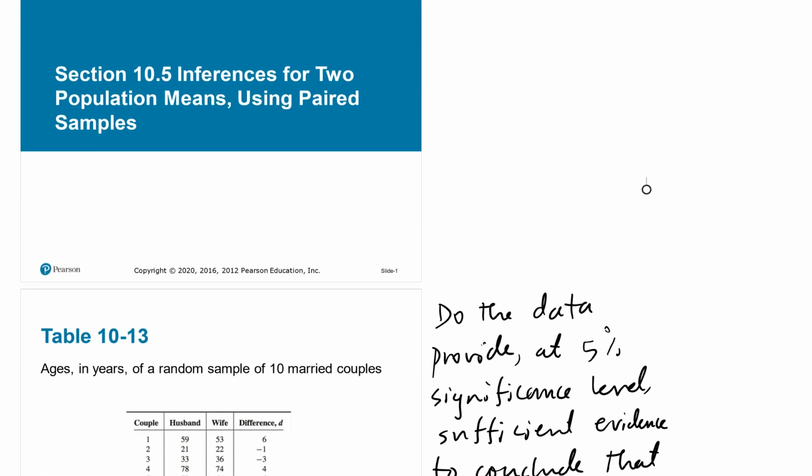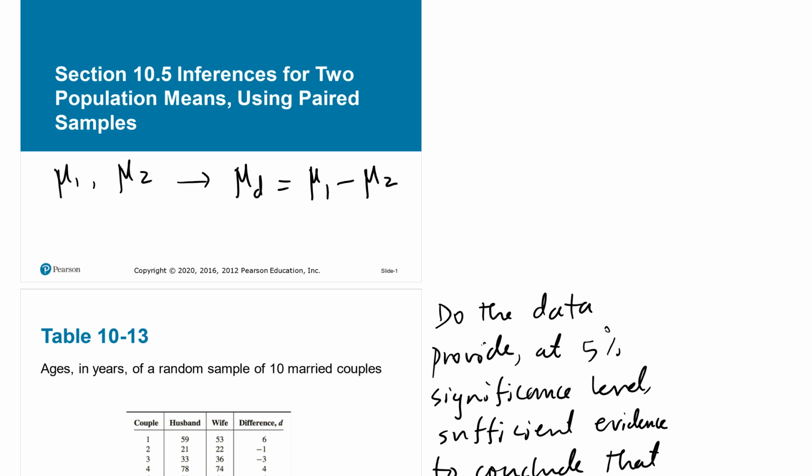So to do this, we need to go through some stuff that we're going to introduce here. Let's say population 1 has a mean mu1, population 2 has mean mu2, and the difference between the means, mu sub d, is going to be mu1 minus mu2. So mu means population mean.